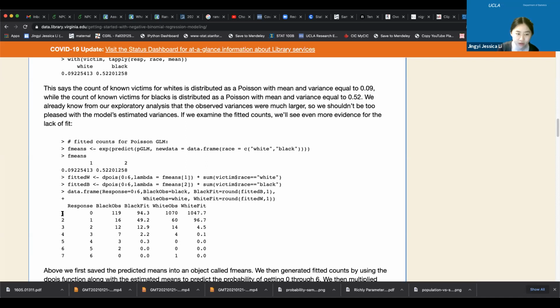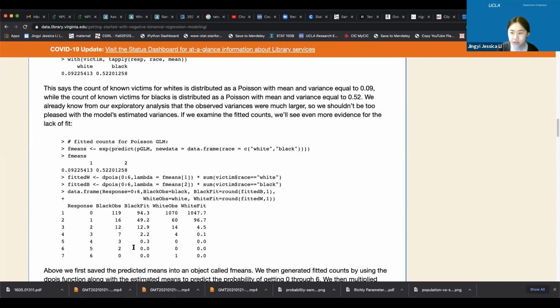So you see that for the people who know one victim, we observe 119 Black people, but our model predicts 94.3 Black people. Then we go down: for 2 victims, 16 observed, 49.2 fitted, and so on.